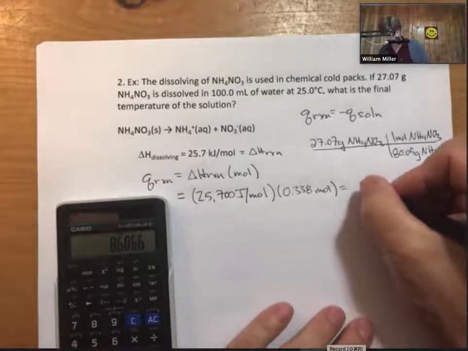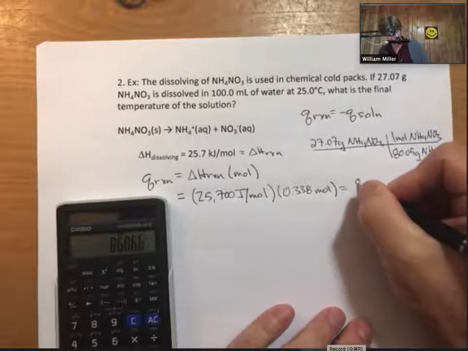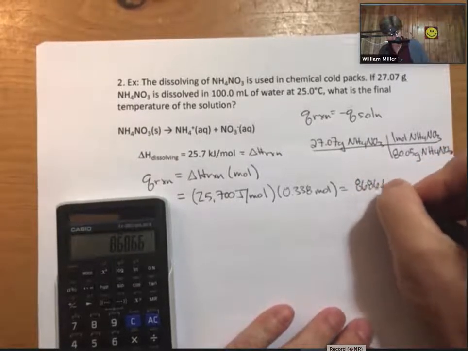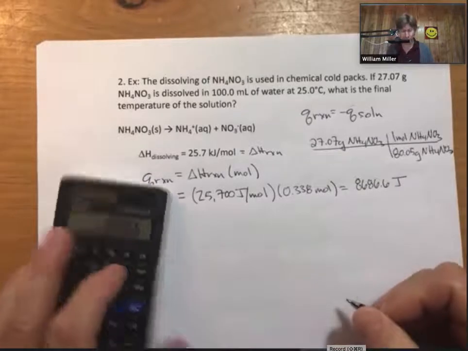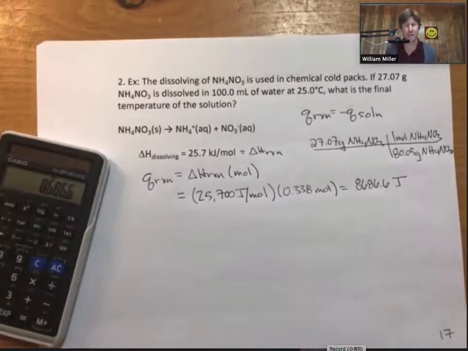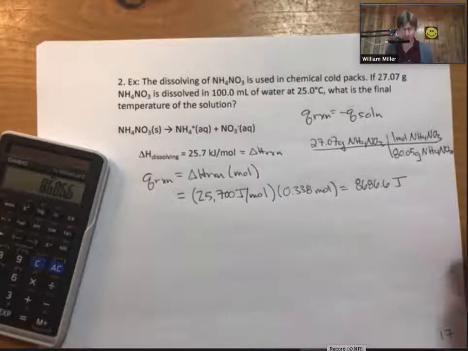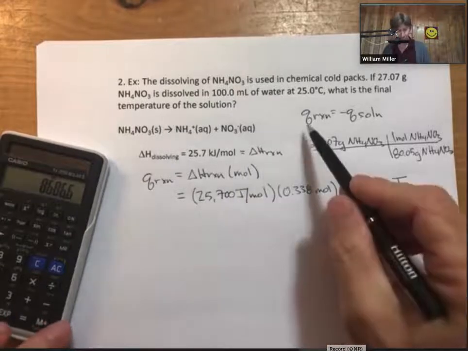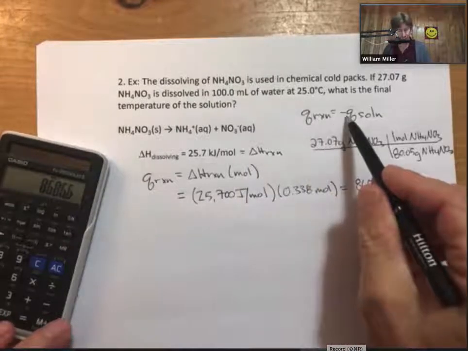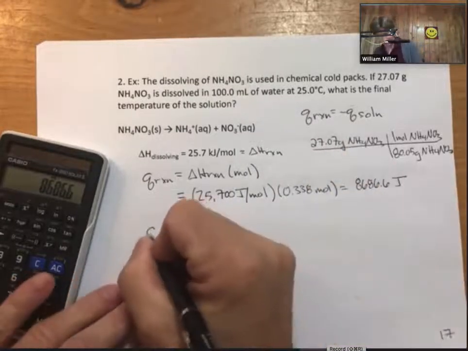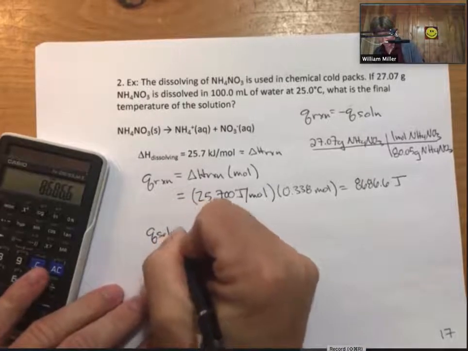I get 8686.6 joules, just joules. That is a Q value. I know that my Q value for reaction, add a minus sign, I get Q solution.